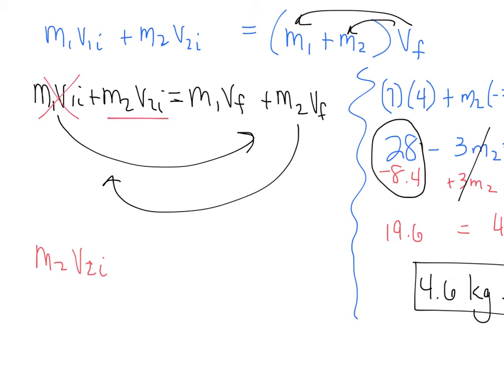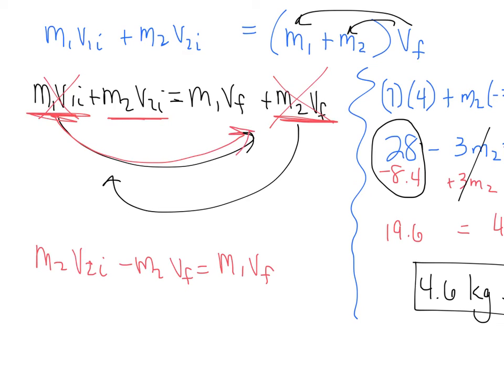Okay, I'm left with this right here. And now I'm subtracting this portion to the left-hand side. So minus M2 VF equals. Now this is gone because I subtracted it. I'm left with M1 VF. And I had to remember that I subtracted this over here to get rid of it. So it's minus M1 V1I.